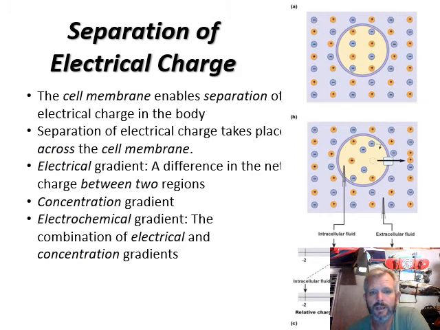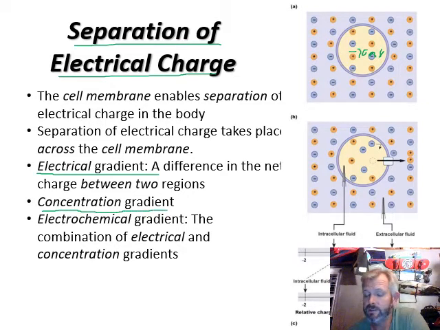So let's look at how this is set up again with our separation of electrical charge. A cell membrane separates it, allows us to create an electrical gradient. Difference in that charge, remember, more negative inside than outside. We also have a concentration gradient because we have a difference of ions from inside to outside.